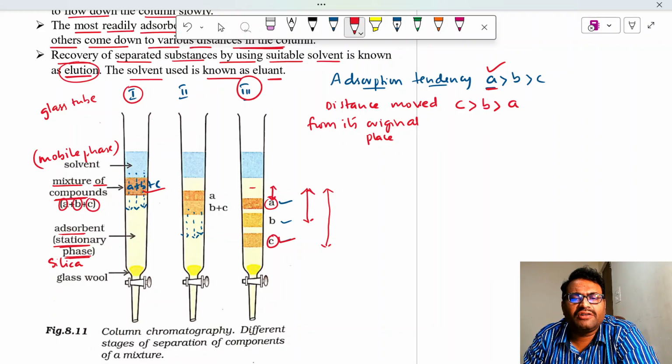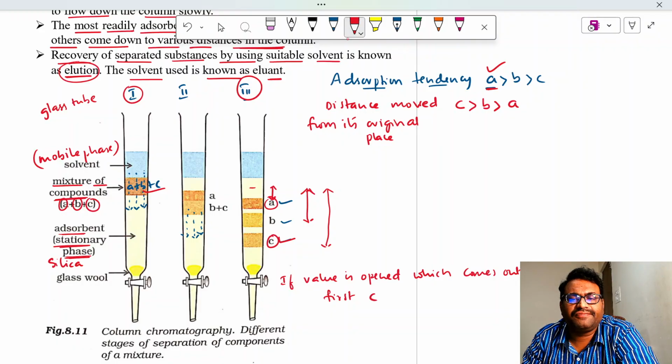For example, in PYQ it is given that if the valve is opened, if all these are liquids, which comes out first? C will come out first. The component C will come out first.